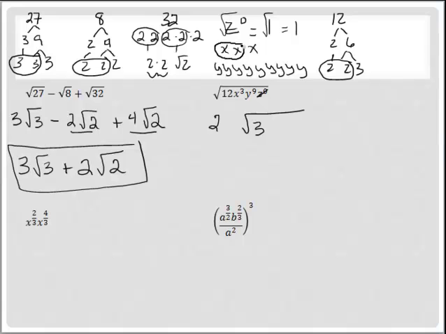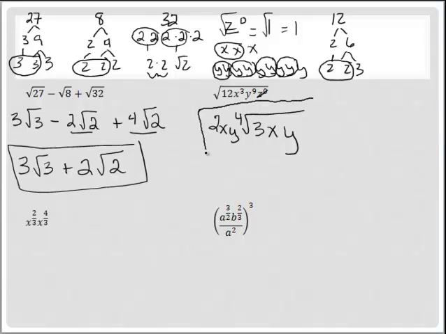Well, these two get grouped, and then we need to put these in groups of 2. So we have 1x on the outside, 1x on the inside. We have 1, 2, 3, 4 y's on the outside, and 1 y on the inside. This is the simplified version of that particular problem.